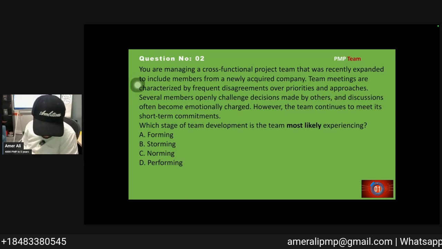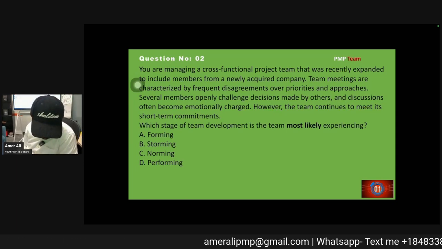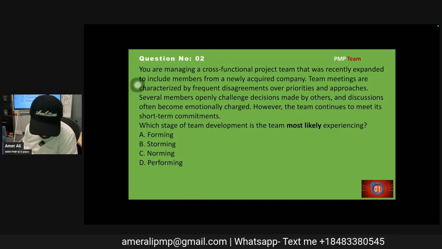Eliminate A, and eliminate the option about replacing a resource.